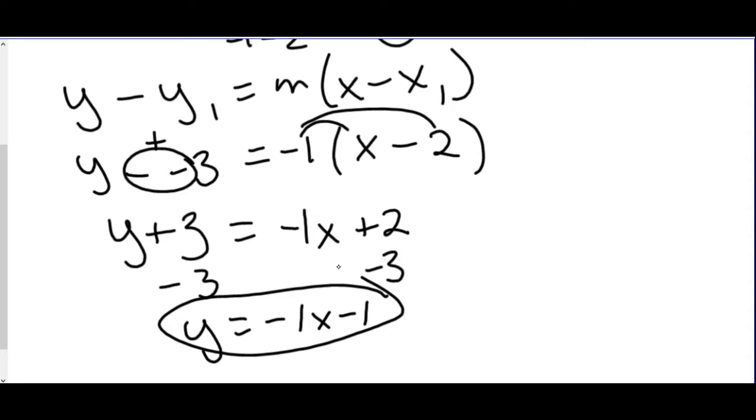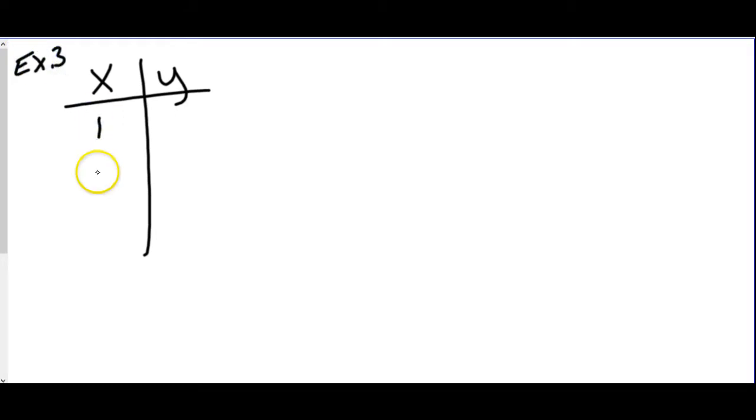So a third way they can ask us about point-slope form is to give us a table full of data. So let's say we have x values 1, 3, 4, and 7, and y values 3, 5, 6, and 9.